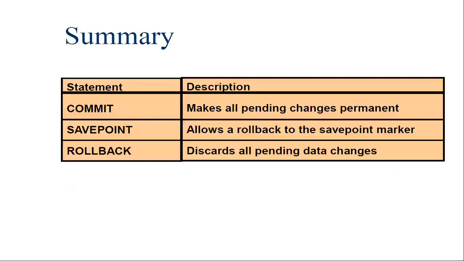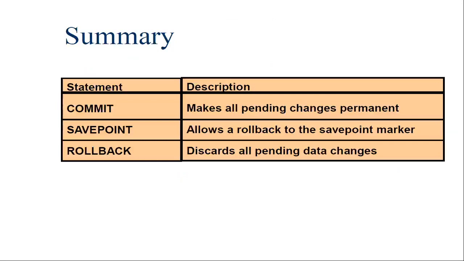In the summary, you can see there are three main points: commit, save point, and rollback. The commit will make all the pending changes permanent. After executing all your DML statements, when you perform commit, the changes will be done permanently. Save point allows a rollback to the particular save point marker, so up to the intermediate level of your transaction, you can revert it back.